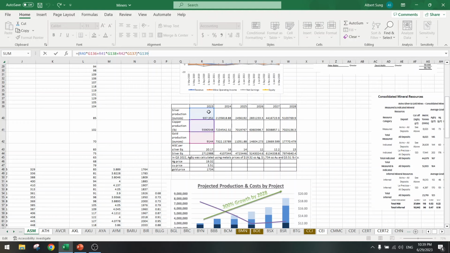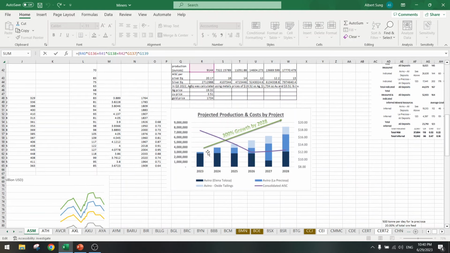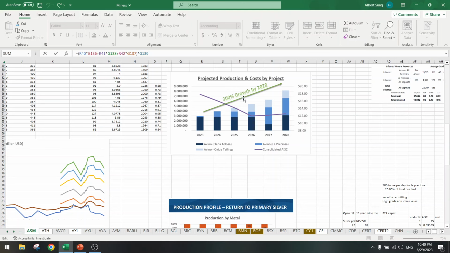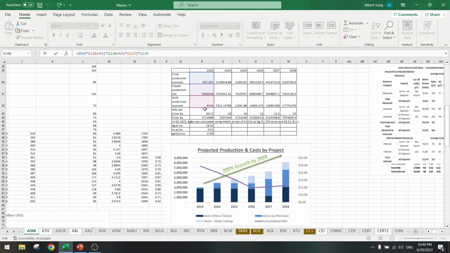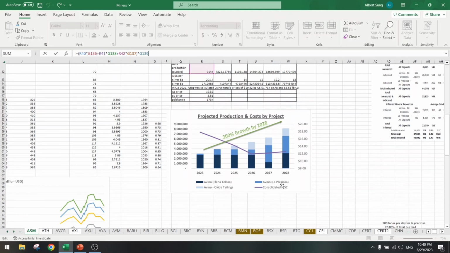So these are the production numbers that the company gave us right here. These are the production forecasts. I put them here. So that's how you calculate the revenue, right? It's exactly the same.